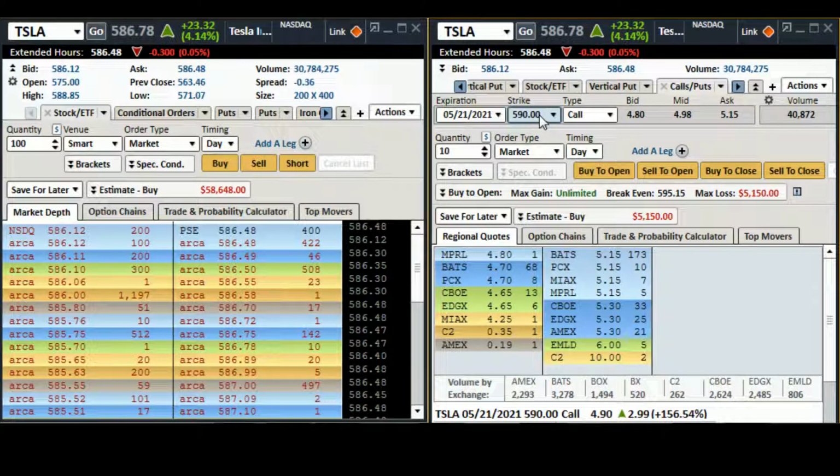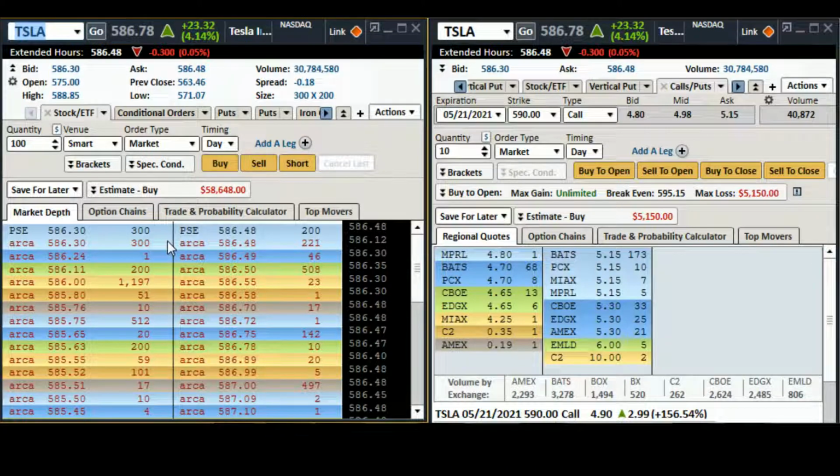Now, with all this being said, with the options, what are the advantages? Well, now that we're on Tesla, if I wanted to buy 100 shares of Tesla here, it would cost me, let's make it up, $586 a share. 100 shares would cost me $58,600.